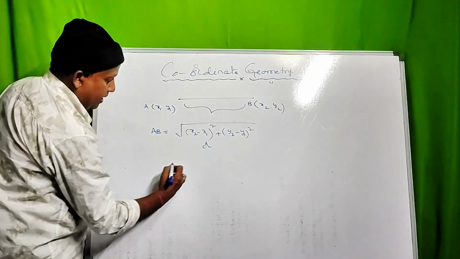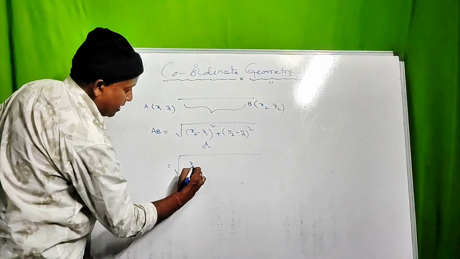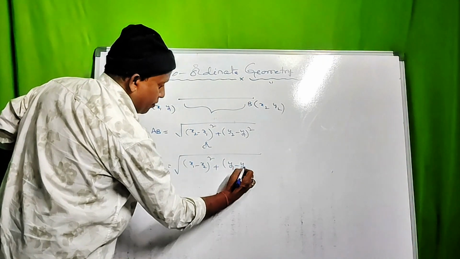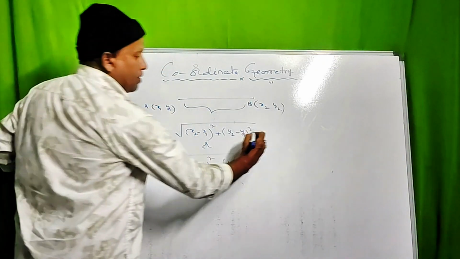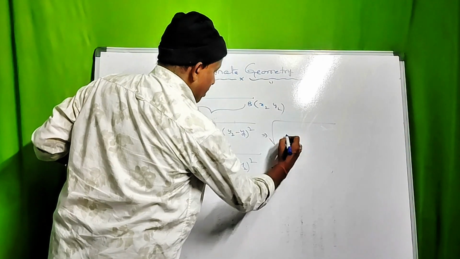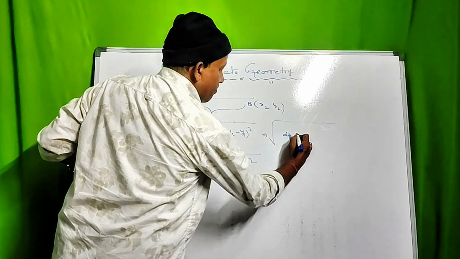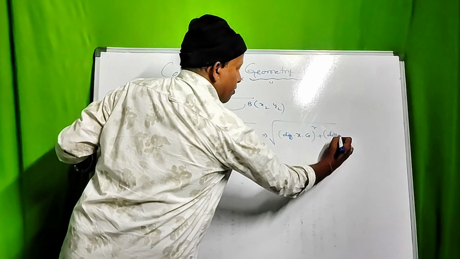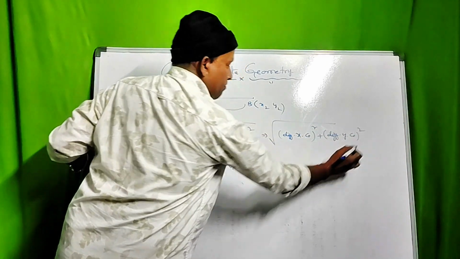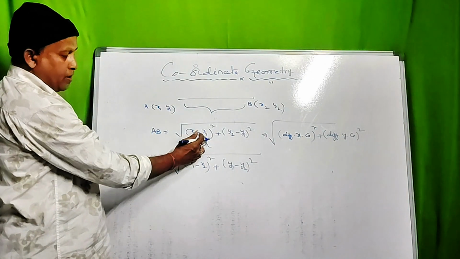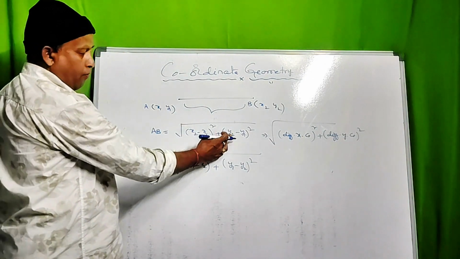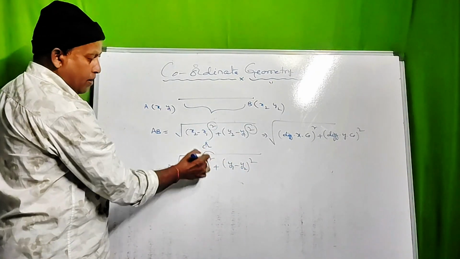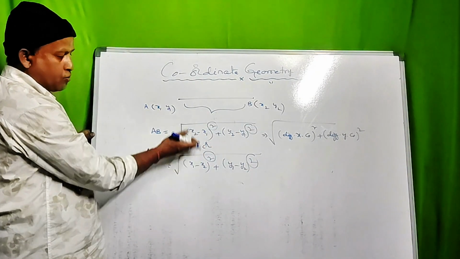Or it can be written as (x1 minus x2) whole squared plus (y1 minus y2) whole squared also. That means the difference of x coordinates squared plus the difference of y coordinates squared. Since the square is there, you can write it either way.